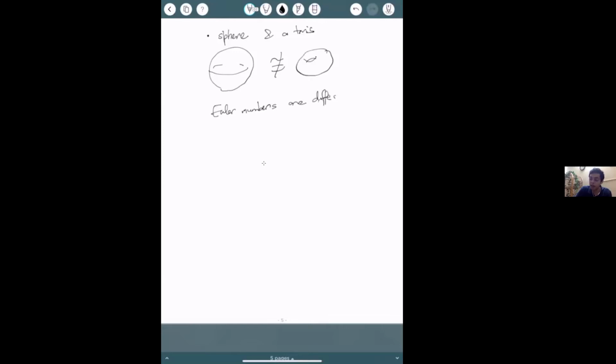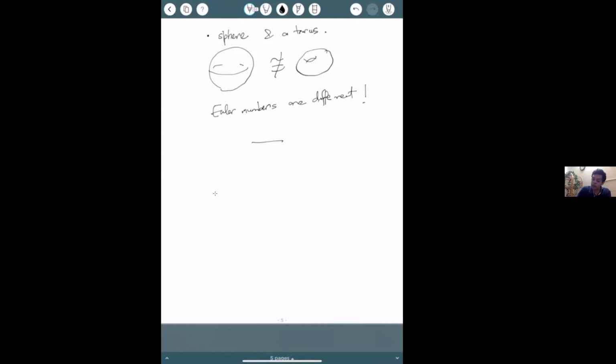The Euler number is a topological invariant. For the sphere, the Euler number we saw was 2, and for a torus it was 0. So this distinguishes between the sphere and a torus.